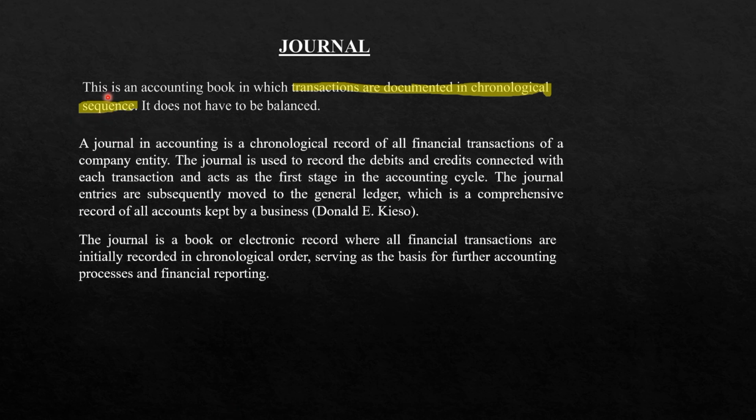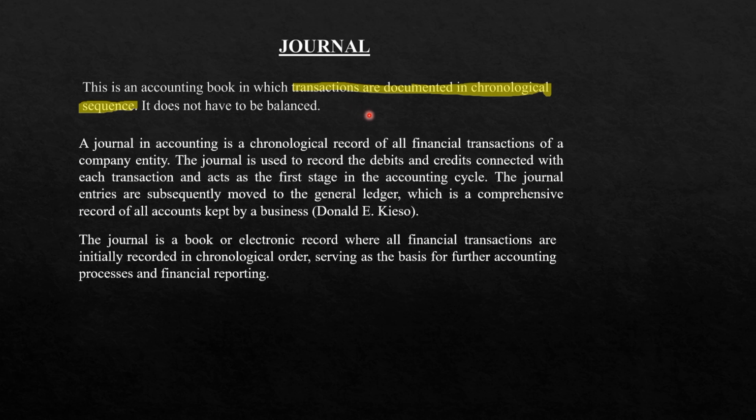It does not have to be balanced. Like I said earlier, the records in a journal account have nothing to do with balancing at the end of the day. No. Because I said that's where a single entry system happens. How can you balance a single entry unless you are doing double entry?